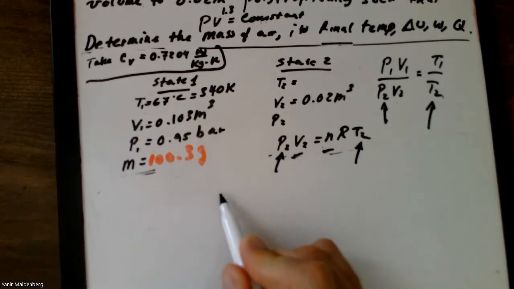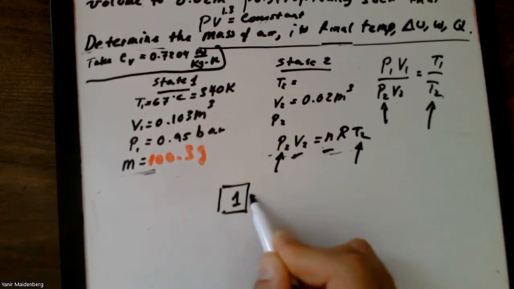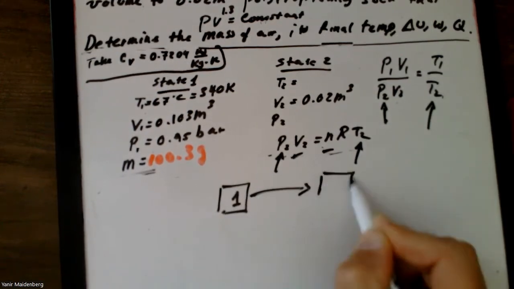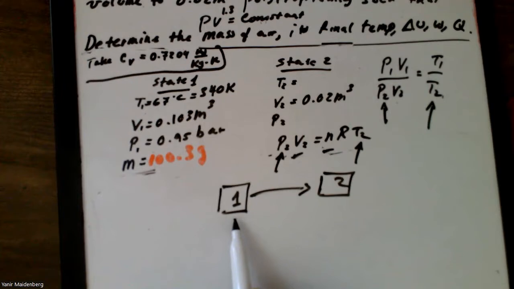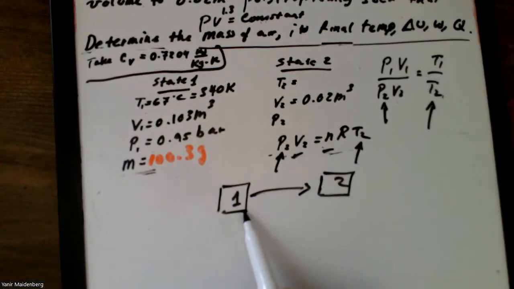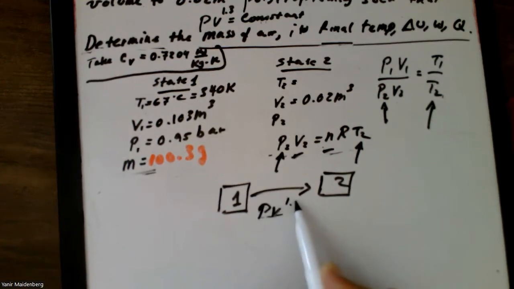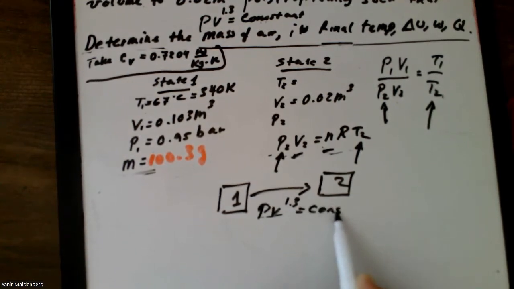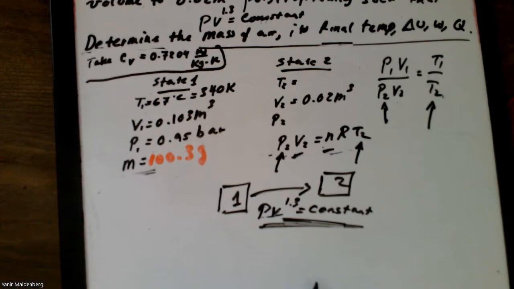So as I mentioned before, we have state 1 going to state 2, and within state 1, PV equals nRT holds. Within state 2, PV equals nRT holds. During this process, we have PV to the 1.3 holding. So I'm going to actually use this idea to try to get my final pressure.